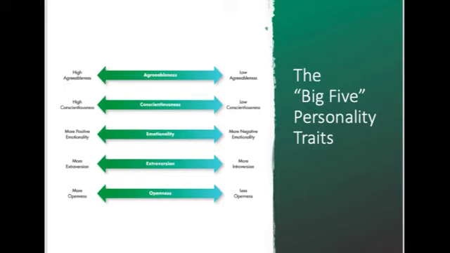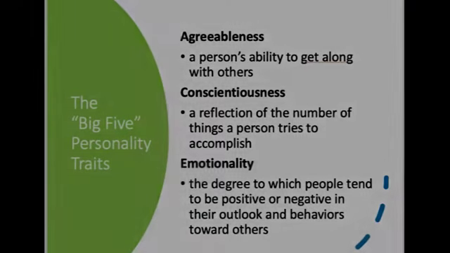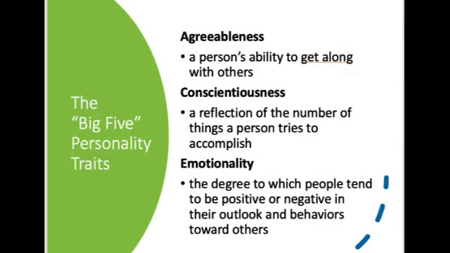Now, before we consider whether or not this conclusion is accurate, let's define our terms. The textbook will define agreeableness as a person's ability to get along with others, or the tendency of someone to be able to play well with others in the same sandbox. The second trait, conscientiousness, is defined as a reflection of the number of things a person tries to accomplish.